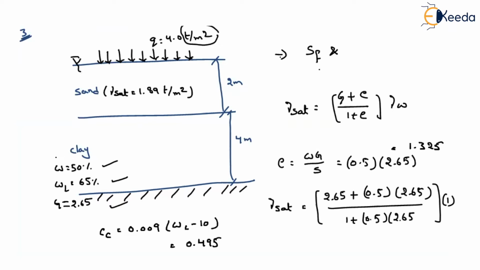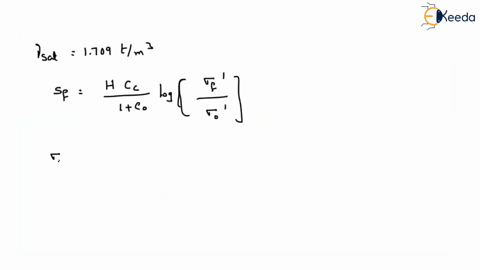For finding the settlement, we will consider the values at the center of the clay layer. That means from here to here, what is the distance? 2. That's it. So what is the gamma saturation of sand? 1.89. So what about the initial effective stress?